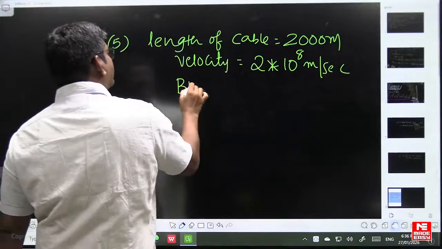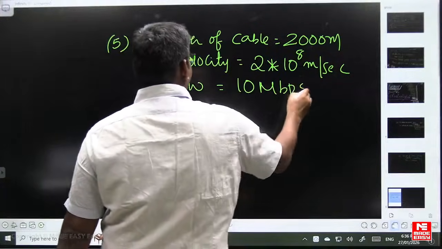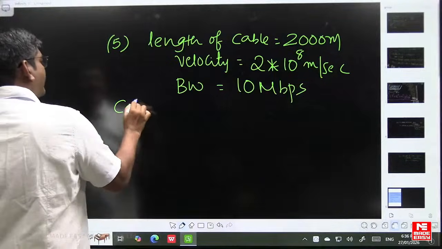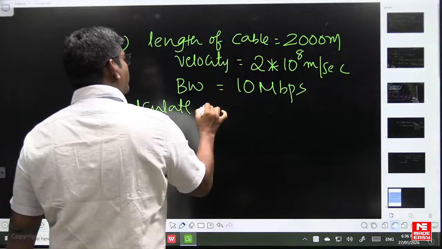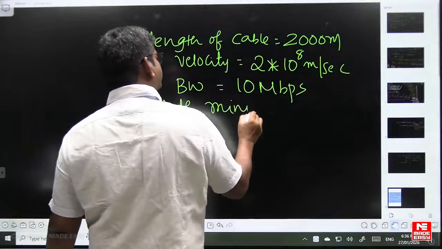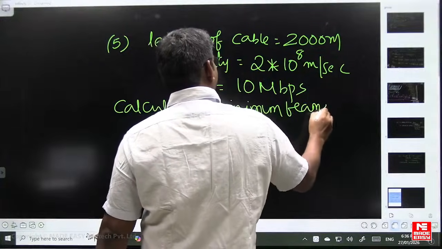Then bandwidth of the link is given as 10 megabits per second. Then please try this question. Calculate minimum frame size.